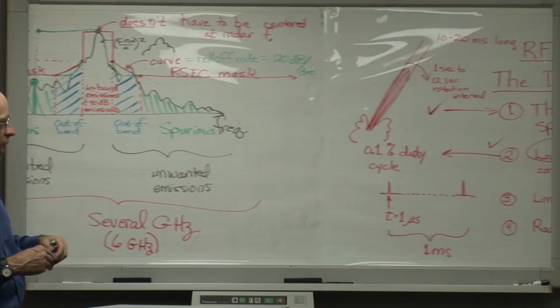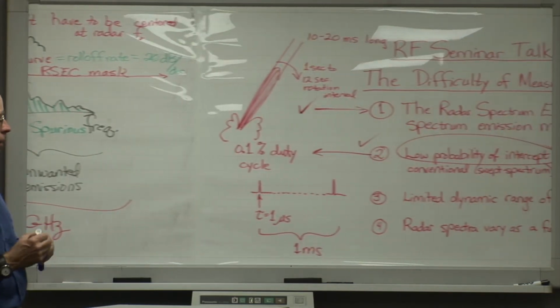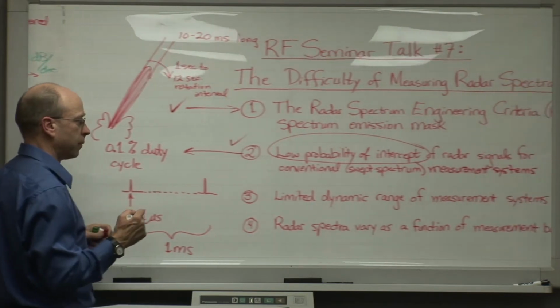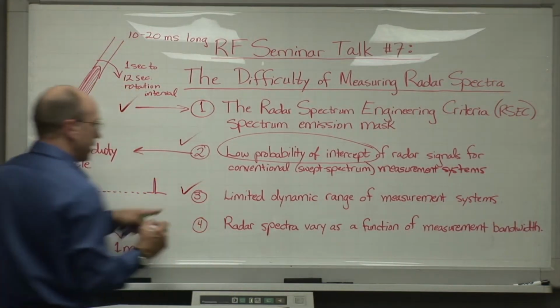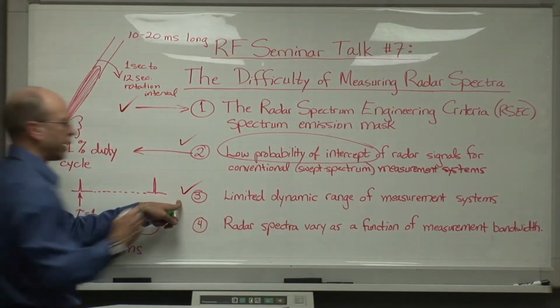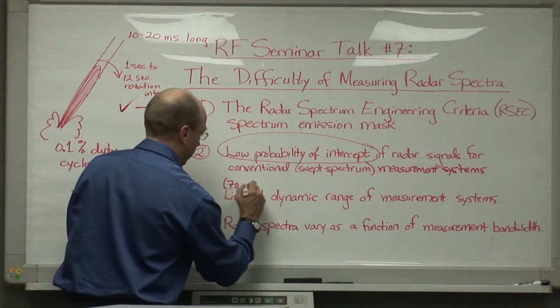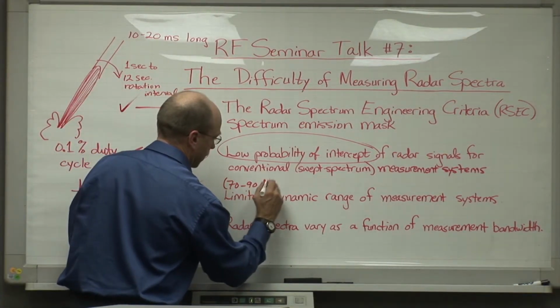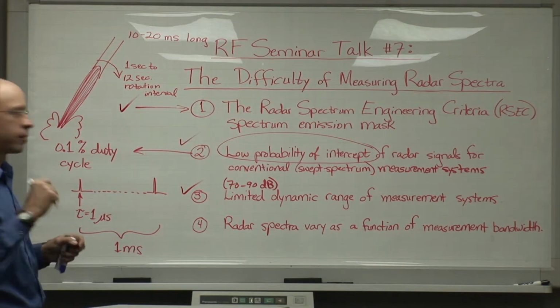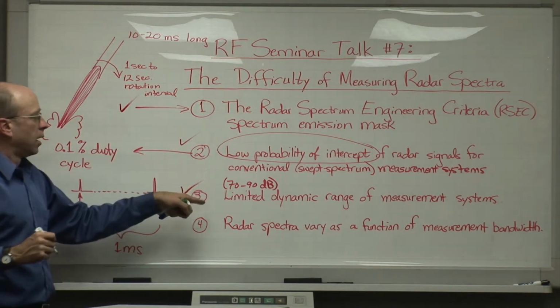And so we have now the dynamic range problem where we need to get 70 to 90 dB of dynamic range, and we may not necessarily be able to get that. Again, we'll look at that on the spectrum analyzer in a minute.